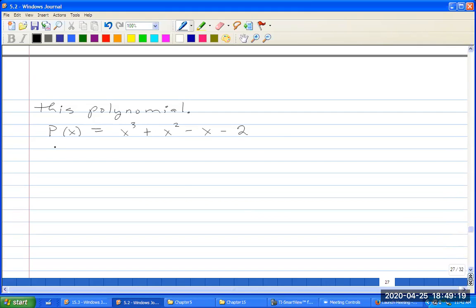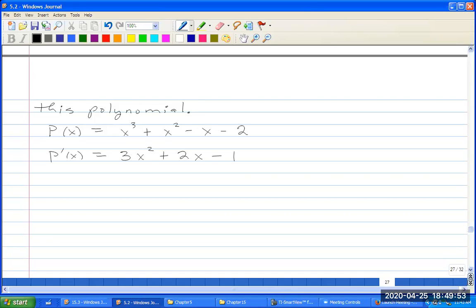So let's take the polynomial p prime of x, which is just the derivative, 3x squared plus 2x minus 1. That was using the definition of the derivative.